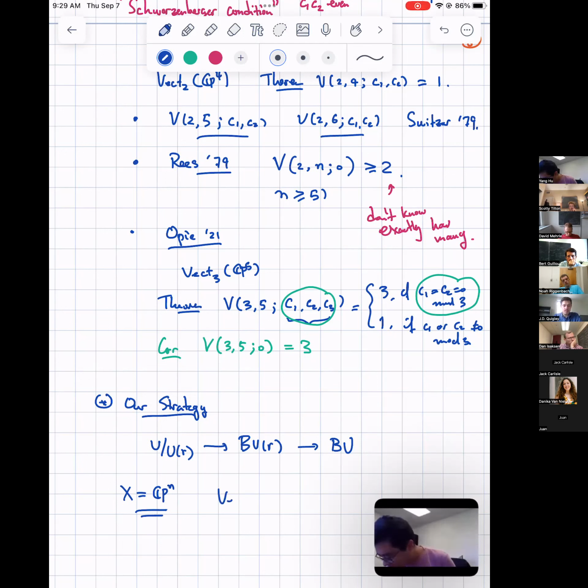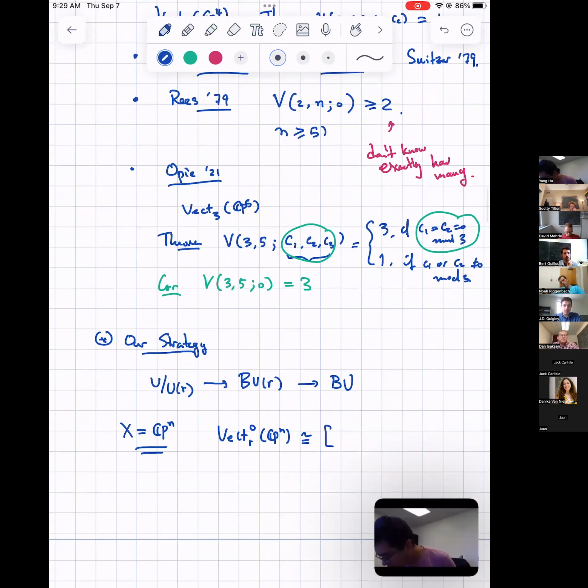So here, this Vect R0 of CPN, in principle, is to be identified with homotopy classes of maps from CPN to U mod UR.